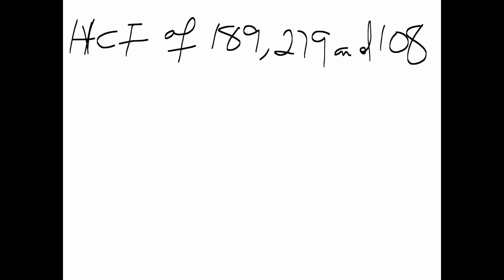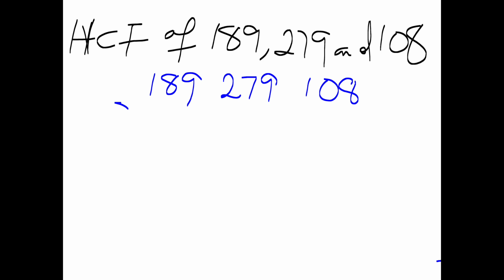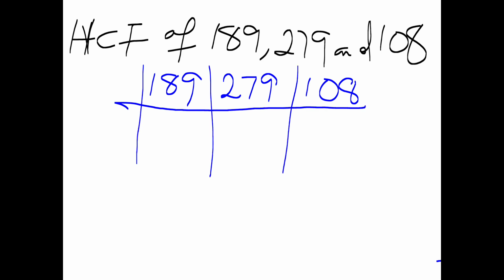So now let's try another set of numbers using that division method. So we have 189, 279, and 108. You draw your vertical and horizontal line just the way I've done, right? Very good.